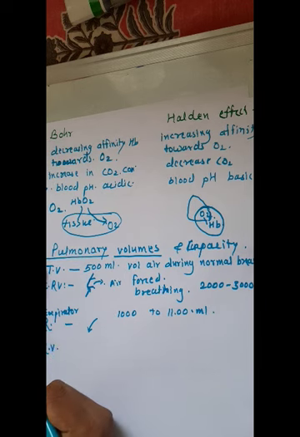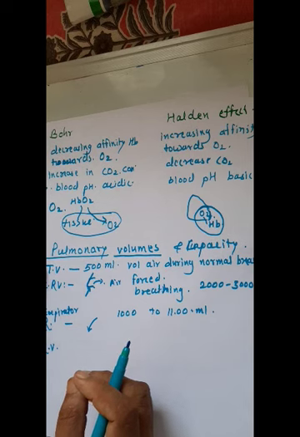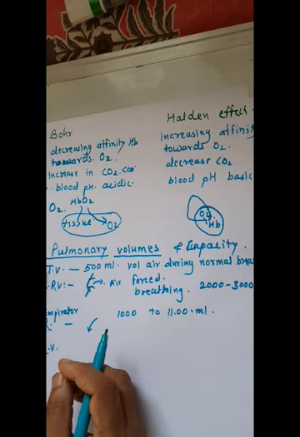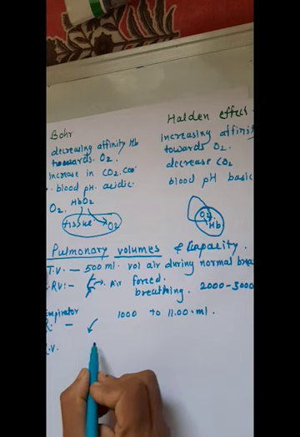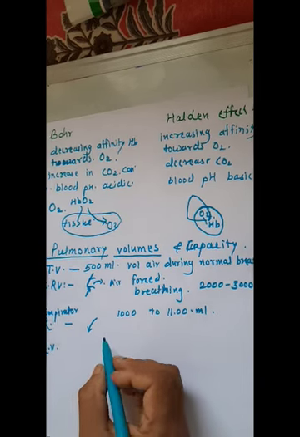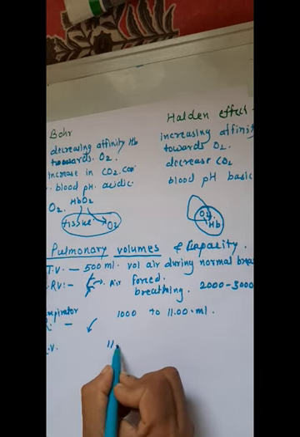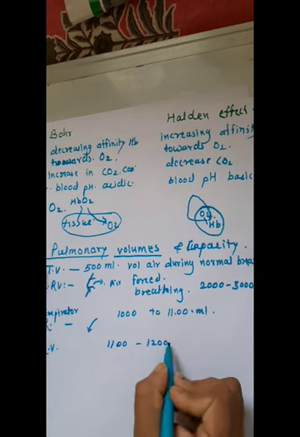That is the volume of air left in the lungs after the breathing, after the expiration. Then it is called the residual volume, and it is near about 1100 to 1200 ml.